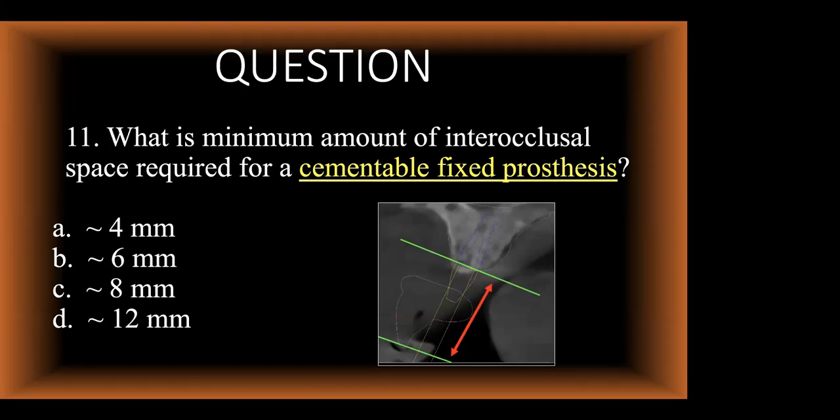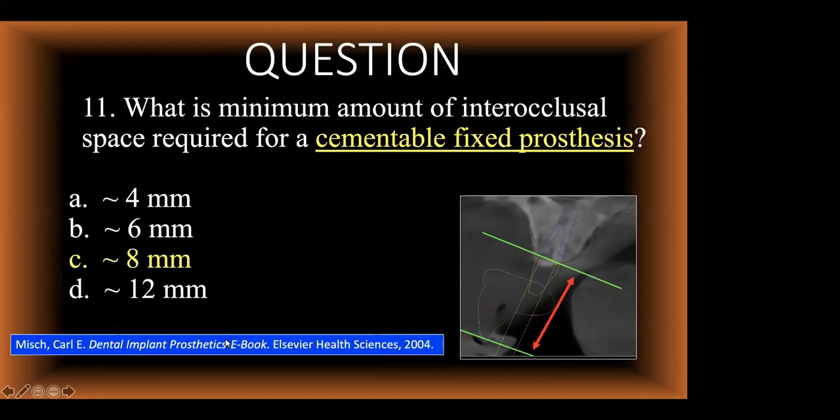And good, C. C is the correct answer. So let's go through and talk about that. So 8 millimeters has, for many years, been talked about for a cementable fixed prosthesis because you need a minimum of 5 millimeters for retention and resistance form on the abutment.